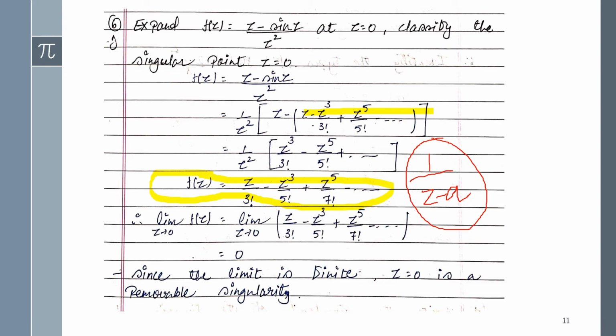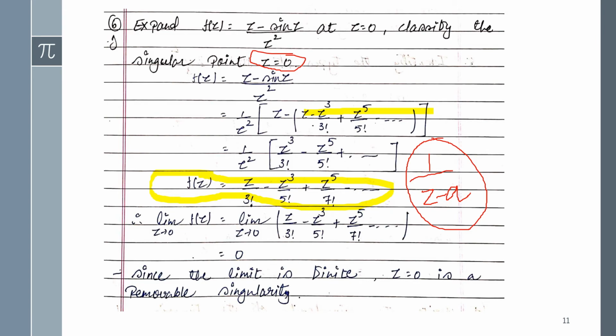And which limit do you have to find, which one to apply, that is at the point z equals 0. So applying limits on both these sides you will get 0, because if you put 0 here then definitely you will get the answer 0. Now see, if here the answer is in finite form, then it is said to be a removable singularity.